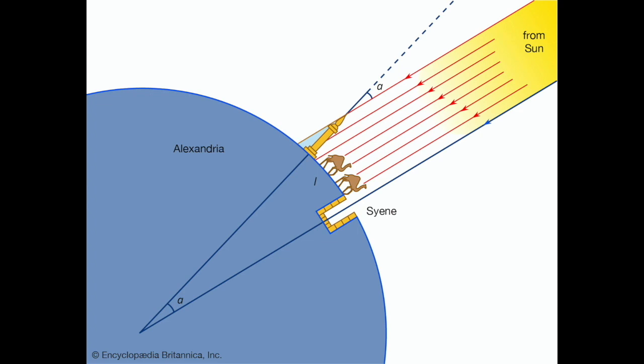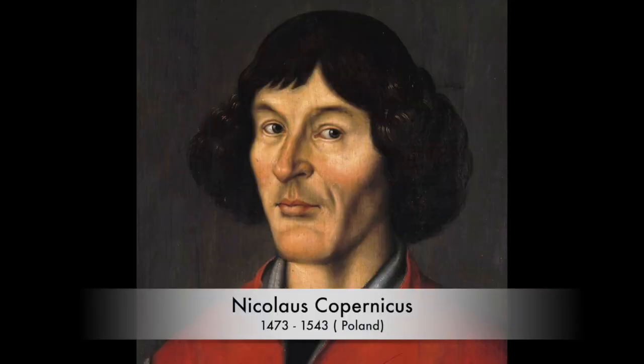And then using some geometry, was able to work out the angle between the two and hence the radius and curvature of the Earth. And he got a pretty good result 2,000 years ago. He was actually only 1% out from the accepted value today of 6.4 times 10 to the 6.